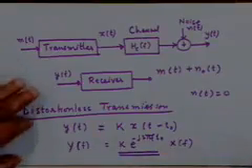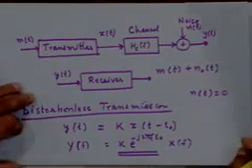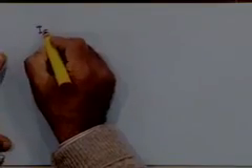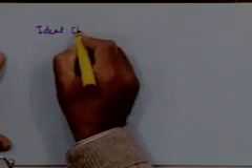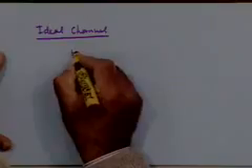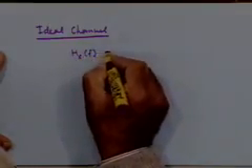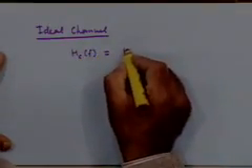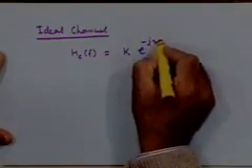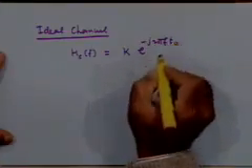It is equal to k times e to the power minus j2 pi f t naught. So the ideal channel H sub C of f has a transfer function given by the constant k into e to the power minus j2 pi f t naught, right?